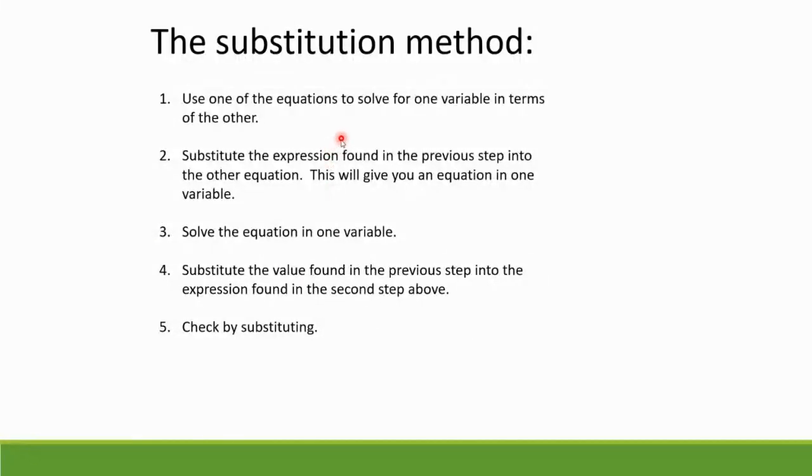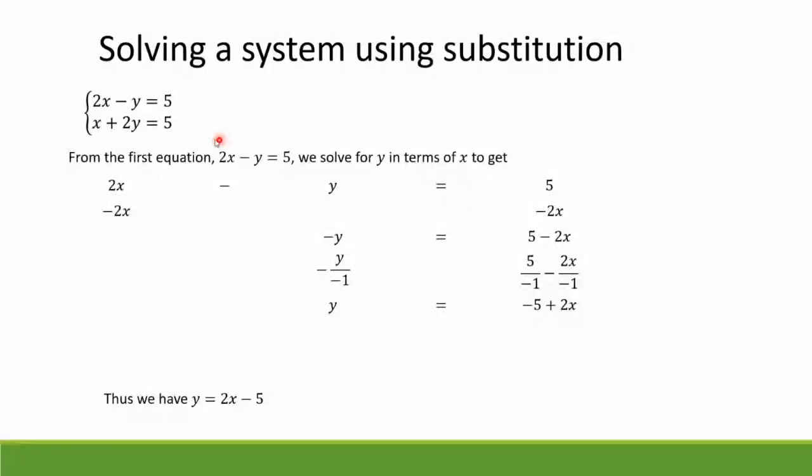Basically, I just demonstrated what the substitution method was, okay? So what we did was we used an equation to get one variable in terms of the other, right? That's really what we did. We got y in terms of x, one variable in terms of the other.